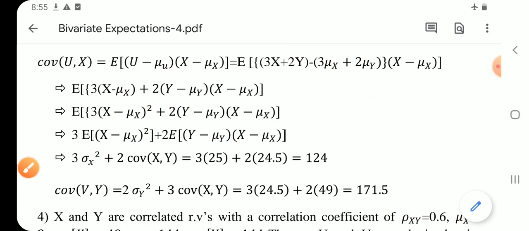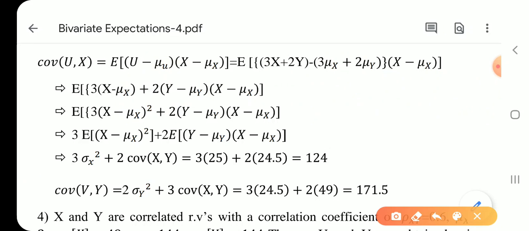Now again let us simplify. This is outside the bracket, so I have to multiply it with each term. When I multiply this with the first term, I will get 3 into x minus mu x whole square, plus 2 into y minus mu y into x minus mu x.